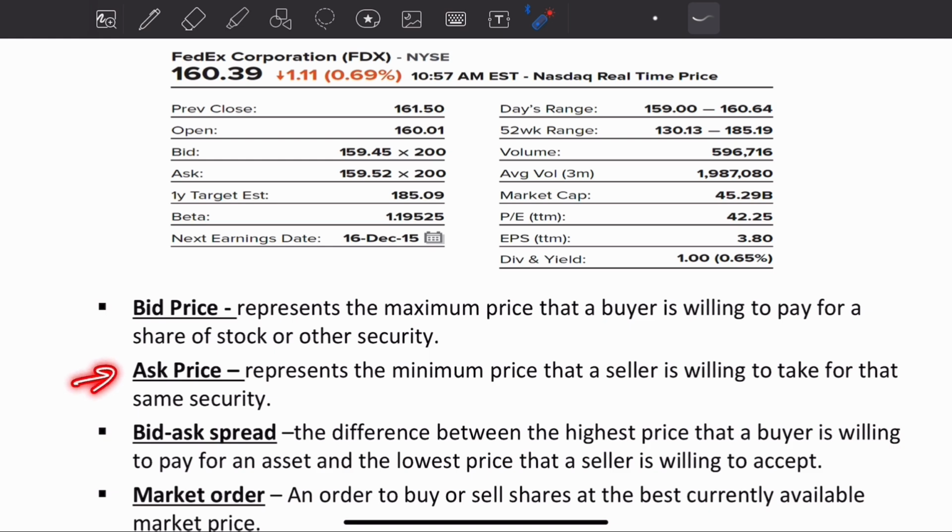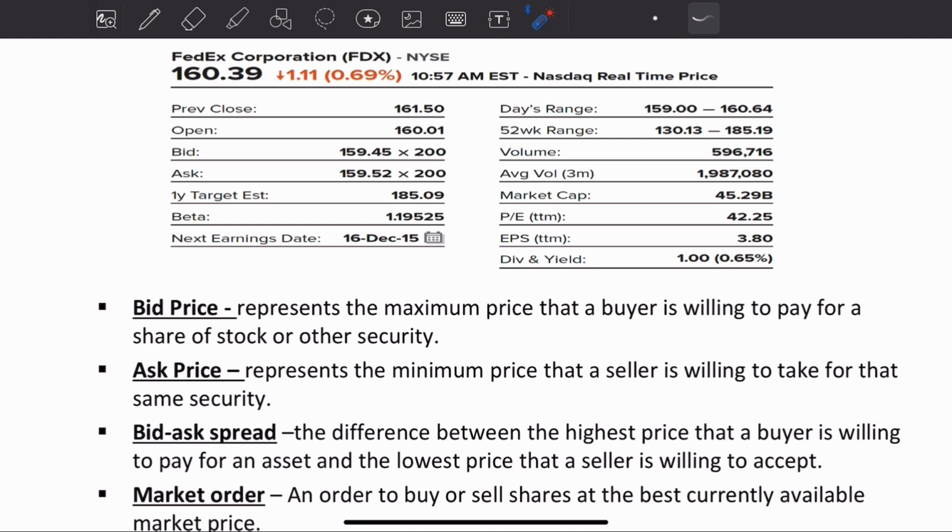Whereas the ask price represents the minimum price that a seller is willing to take for that security. So it's someone who already owns the stock and is offering their shares to be sold, and the ask price would be listed for the seller that is offering to sell their shares for the lowest possible price.